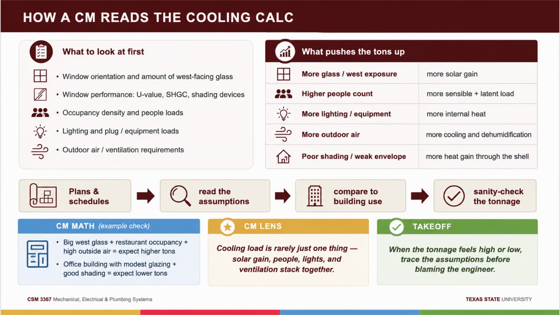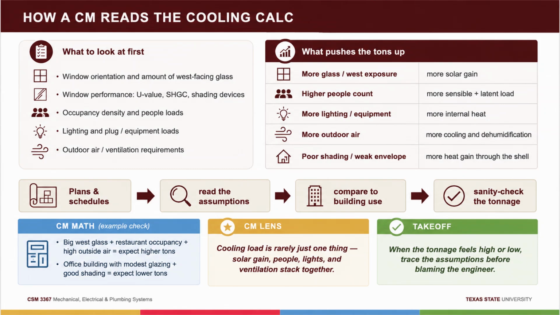Different tools, same mission. Replace "we always put a 4-ton on a house like this" with actual math on the actual building. Quiz alert. Manual J equals residential load calculations. Manual N equals commercial. Both exist to prevent rule of thumb sizing and oversizing of installed equipment.